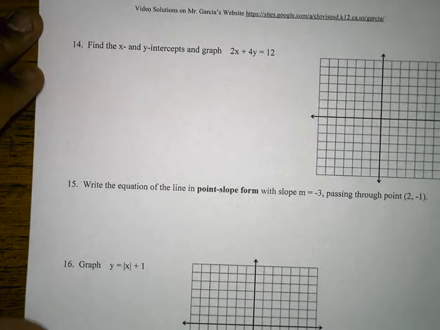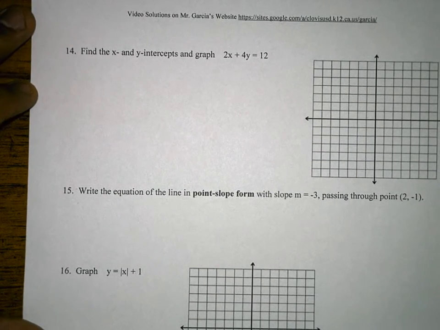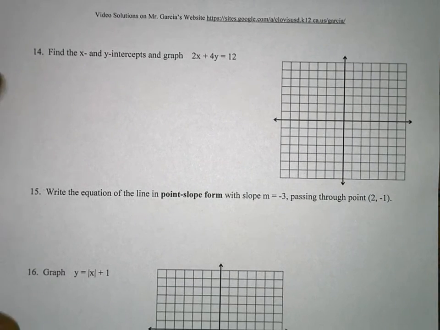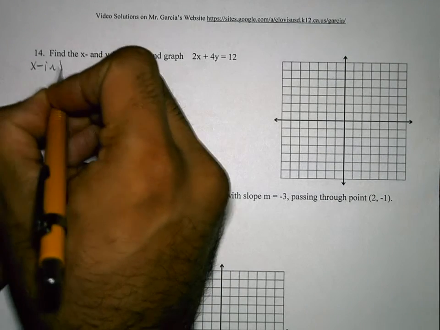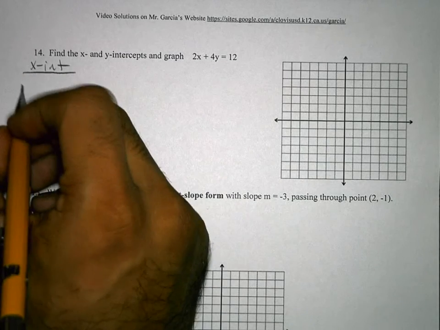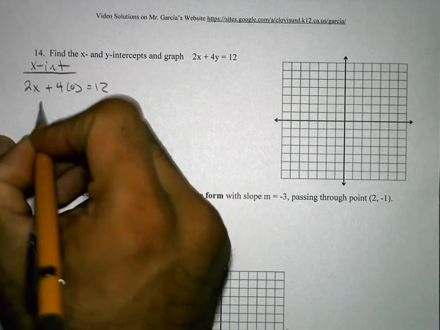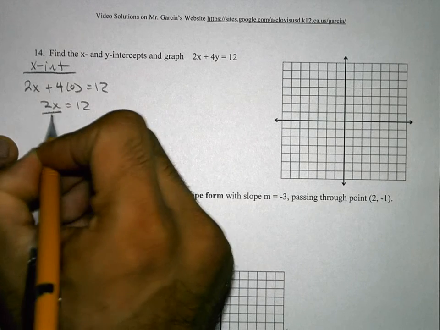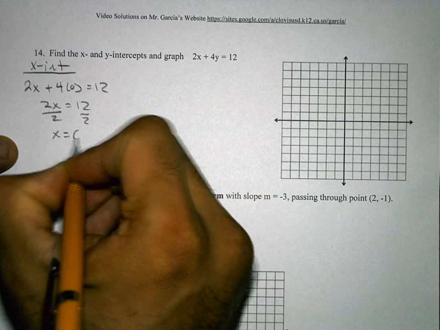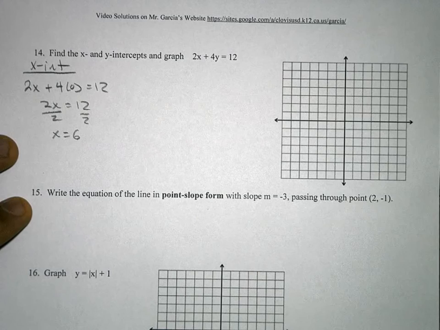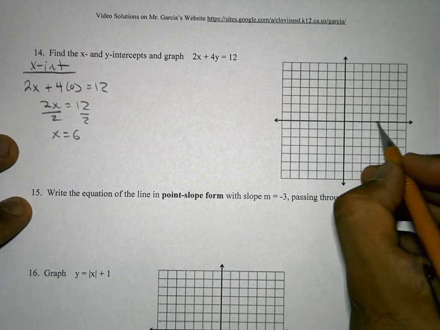Number 14 says graph using intercepts. This one I make the other one 0. So I'm going to start by finding my x-intercept, and that's when I make the y 0. So I say 2x plus 4 times 0 equals 12. Divide by 2, and x equals 6. So that's where I cross the x-axis, at 6. So 1, 2, 3, 4, 5, and 6.